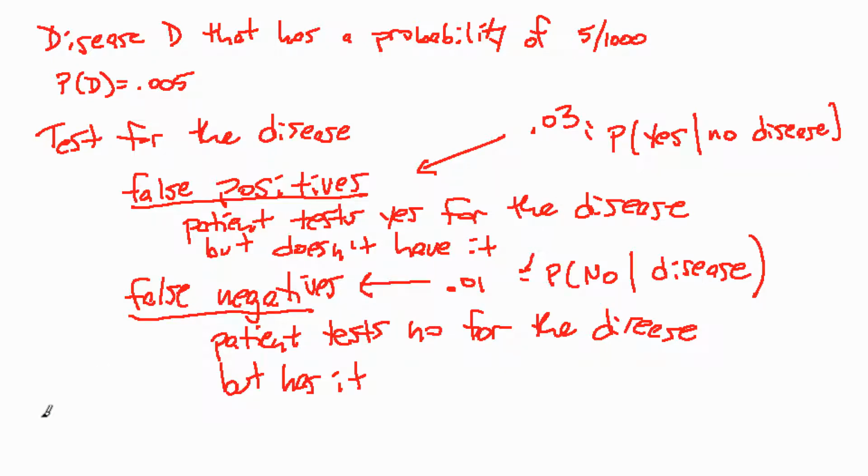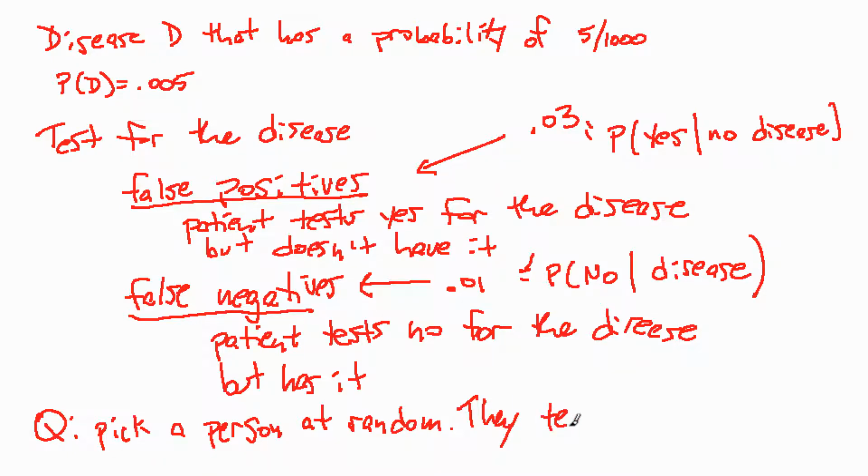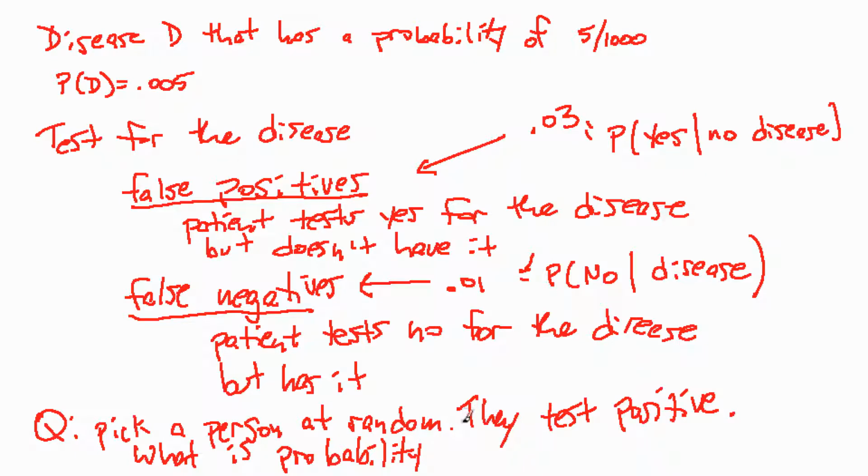So now the question: pick a person at random. Okay, they test positive. And the question now becomes, what is the probability they have the disease?